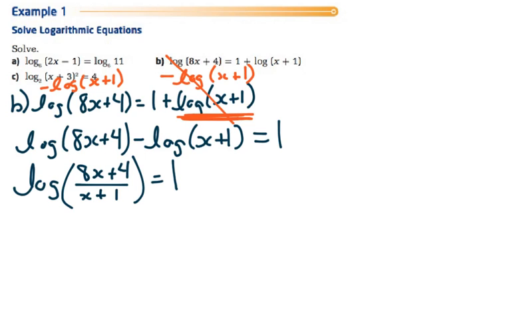And now this question actually quite closely resembles question C. So at this point we can take it and turn it into an exponential. Remembering here we have a log of base 10. So when we convert it, we will get 10 to the power of 1 equals (8x plus 4) over (x plus 1).